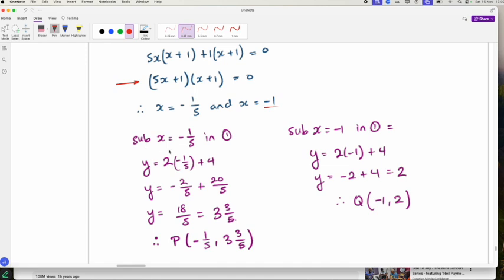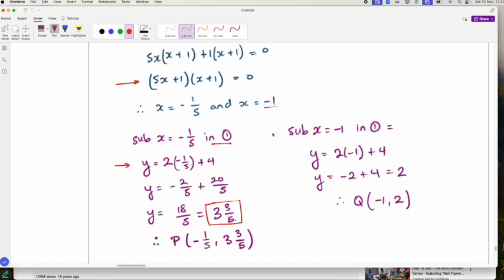So now I will sub both of them inside of equation 1. So sub x is negative 1 over 5 in equation 1, and I used y is equal to 2x plus 4. I used that version of equation 1 to get y is equal to 3 and 3/5. So I have negative 1 over 5 and 3 and 3/5. Right?